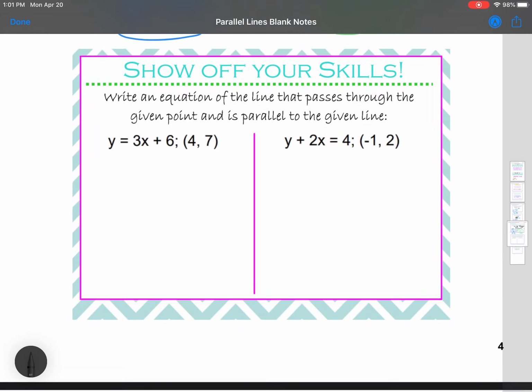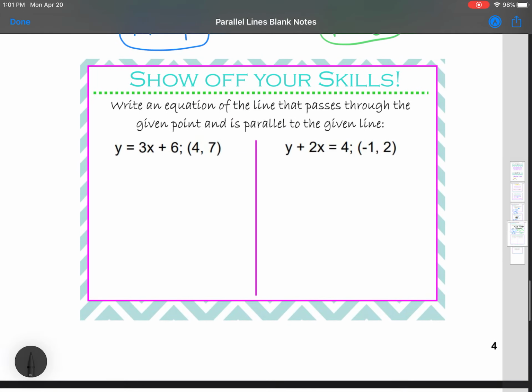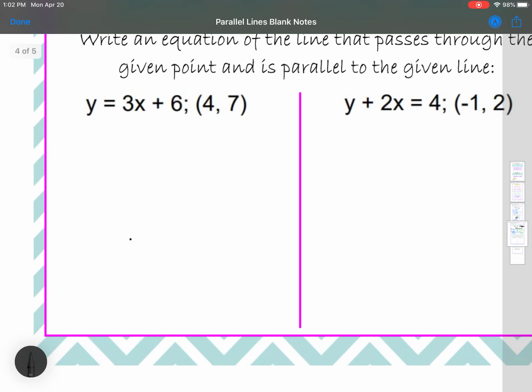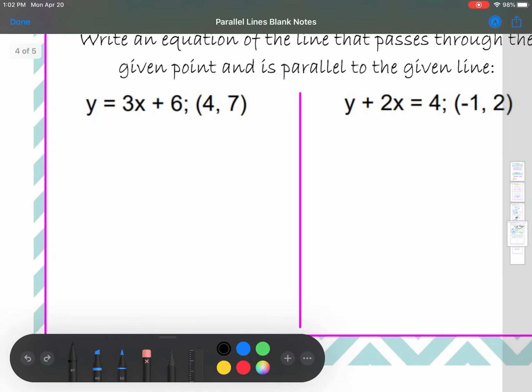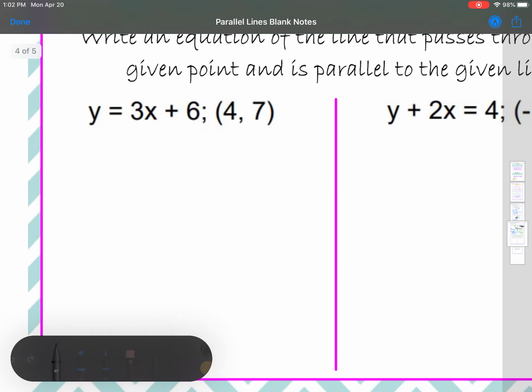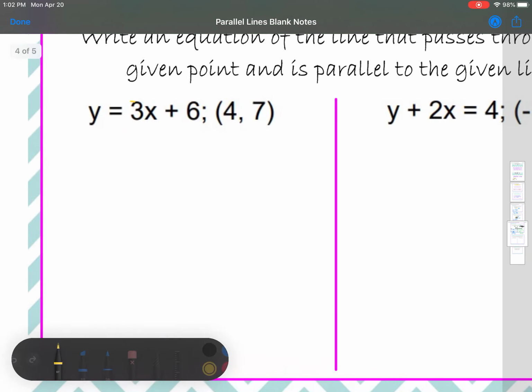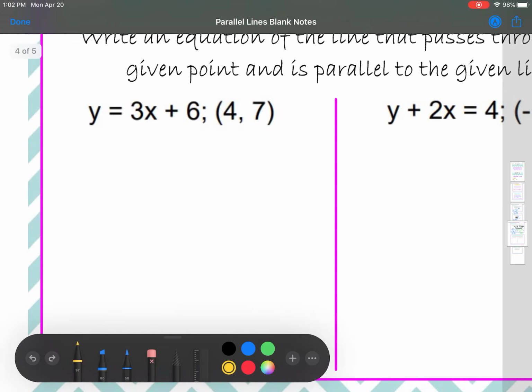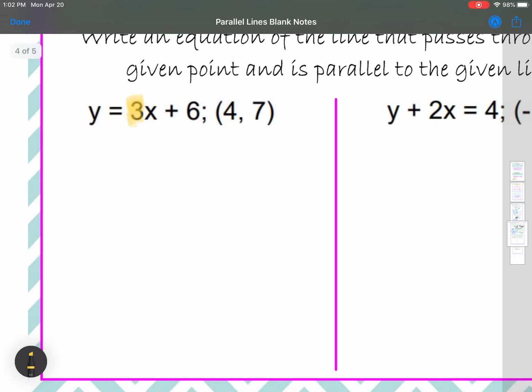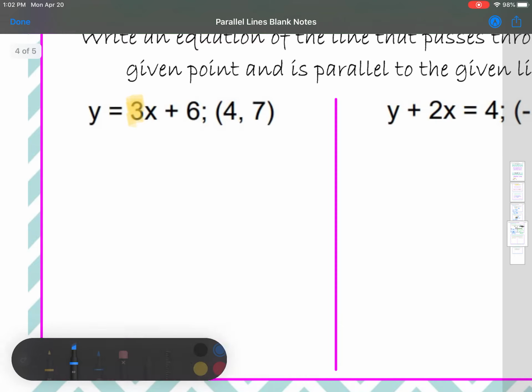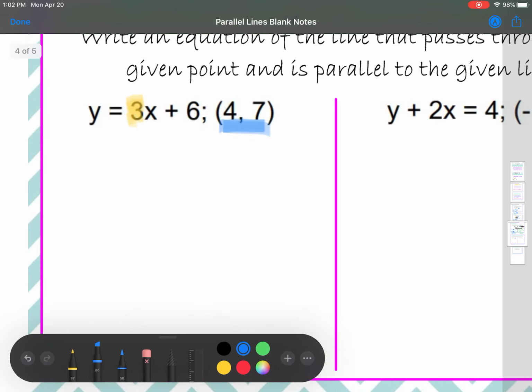Now, moving down. Write an equation of the line that passes through the given point and is parallel to the given line. Okay, so y equals 3x plus 6. Remembering my m is going to be this 3, and my given point is this.